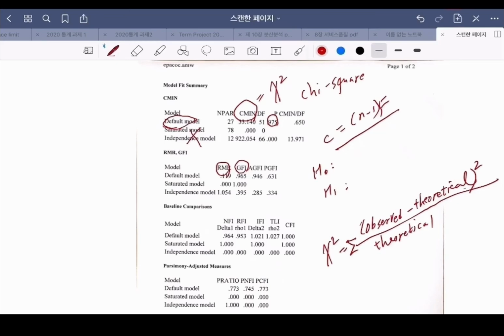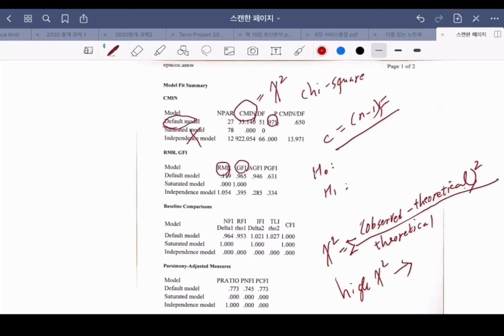So high chi-square means what? High chi-square means you have a big numerator, right? Big numerator means there is quite a big difference between observed and theoretical.